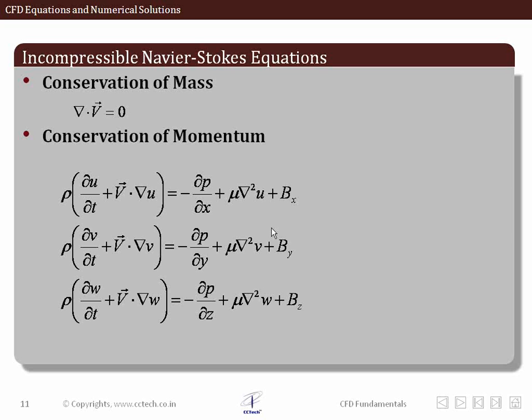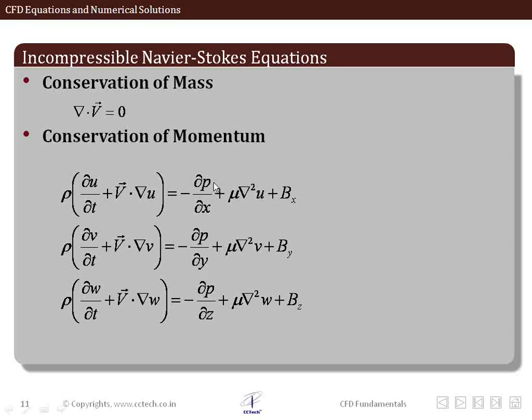Now that's an example of an incompressible Navier-Stokes equation. I'm just going to speak a little bit about it because we're going to see what happens when we neglect the viscous terms and we get the Euler form of equations. So that's the term where we have the transient term, we have the advection term. So the velocity field is transporting this property u, or in this case v or w, that's the x, y and z momentum equations.